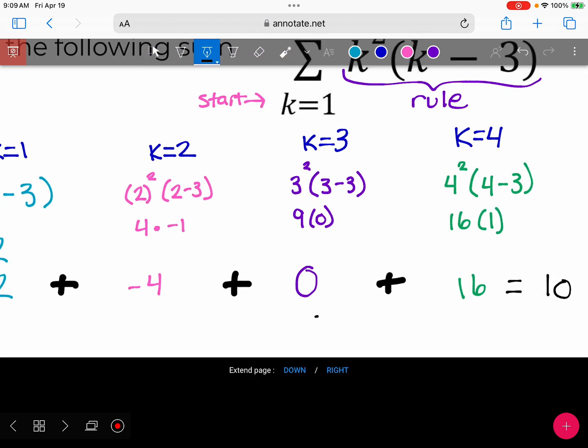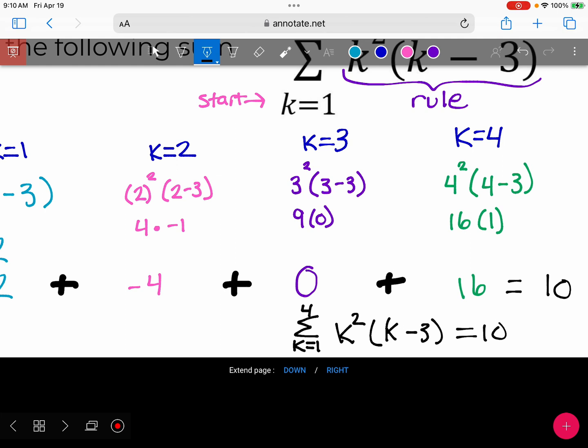So the sum from k equals 1 to 4 of k squared times k minus 3 equals 10. That's the full way to write it.